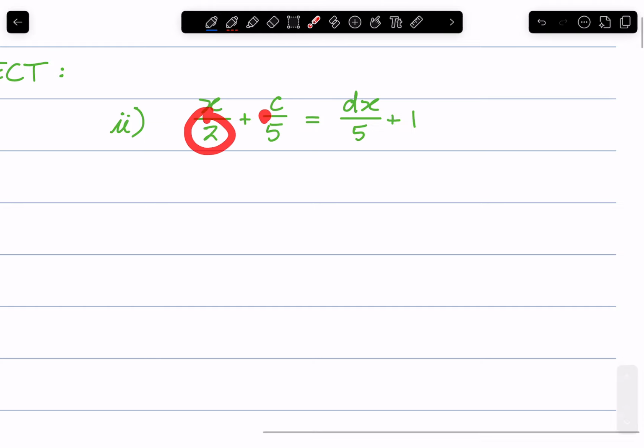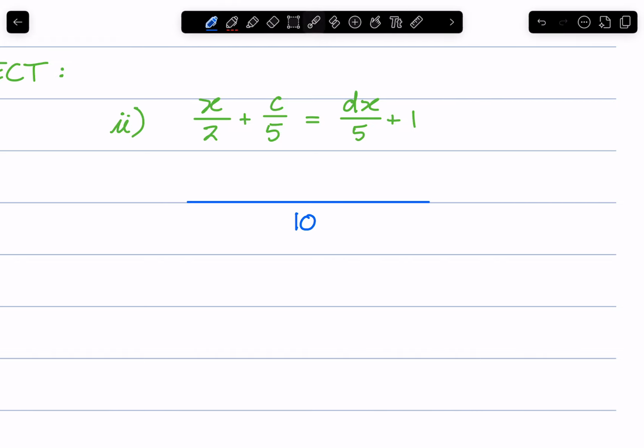This one, notice how we've got these different denominators. So we need to bring in our knowledge of algebraic fractions and find the lowest common denominator or multiple between 2, 5, and this one is also over 1. So the lowest common multiple, I hope you can see, is going to be 10.